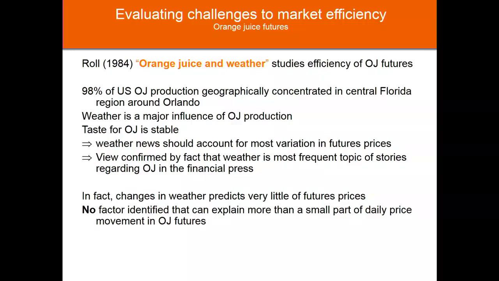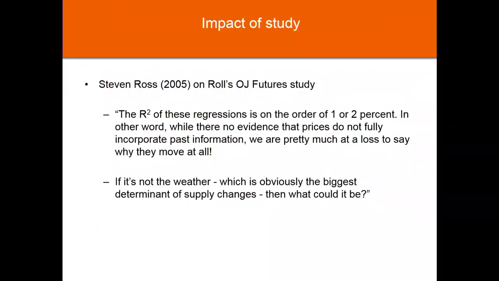But in his study, he found that there's no factor that can explain more than a small part of the daily price movement in orange juice futures. So for over 20 years, since he wrote this in 1984, this was a puzzle in finance.